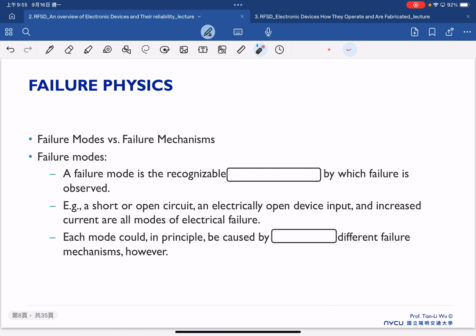So now the next thing we need to make clear is the difference between failure modes and failure mechanisms. The first one is the failure mode.